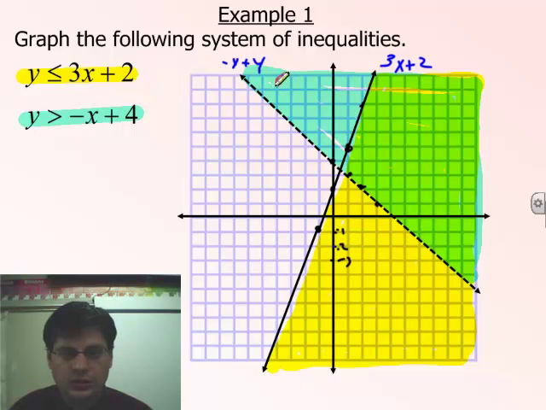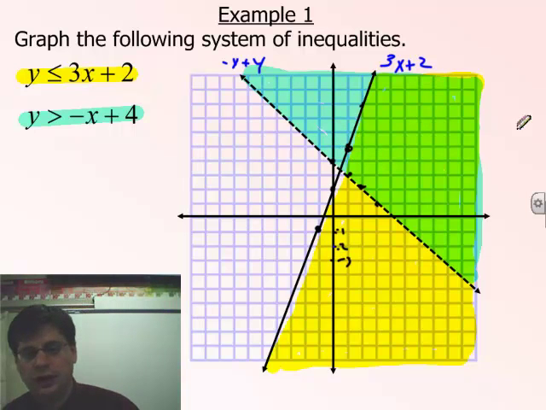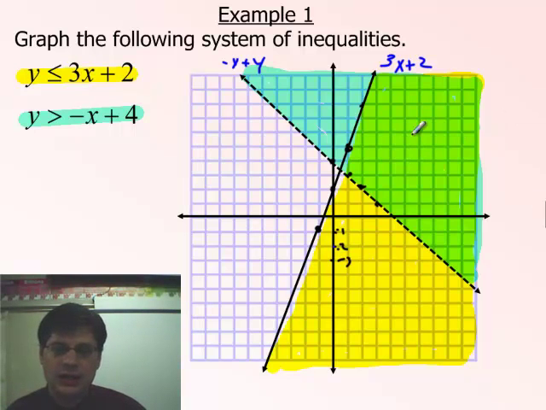You'll notice it's a different color where they overlap, because I'm using two different colors. Any point in this shaded region is a solution of both. If I were to pick a point in this yellow region, here or here, it is going to be a solution for the first inequality.